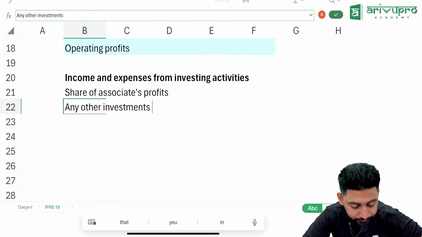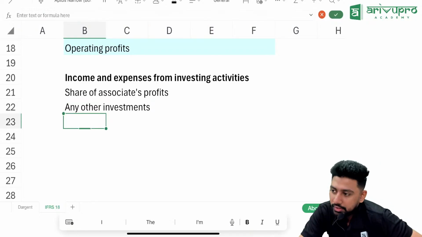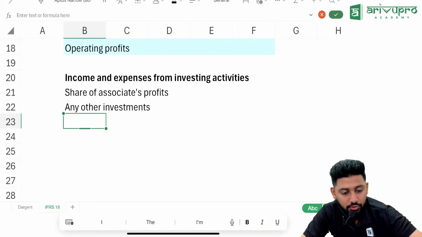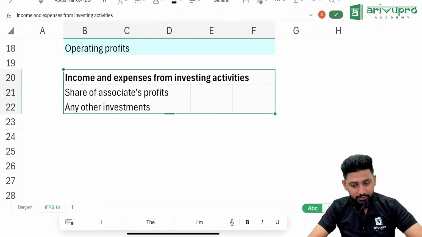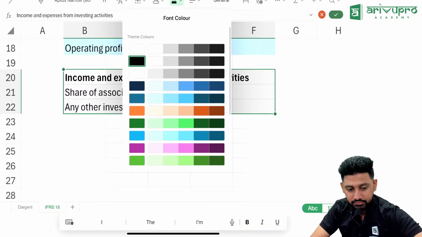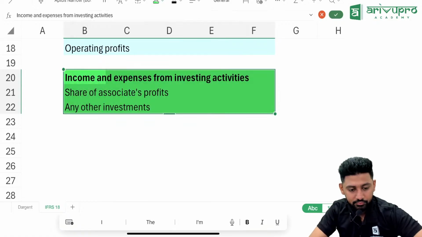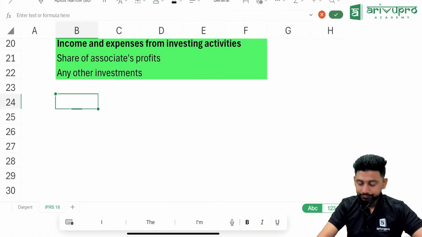Are we clear? If there is any expenses, you can take it here. So this is our second heading, which is our investing activities. Understood?